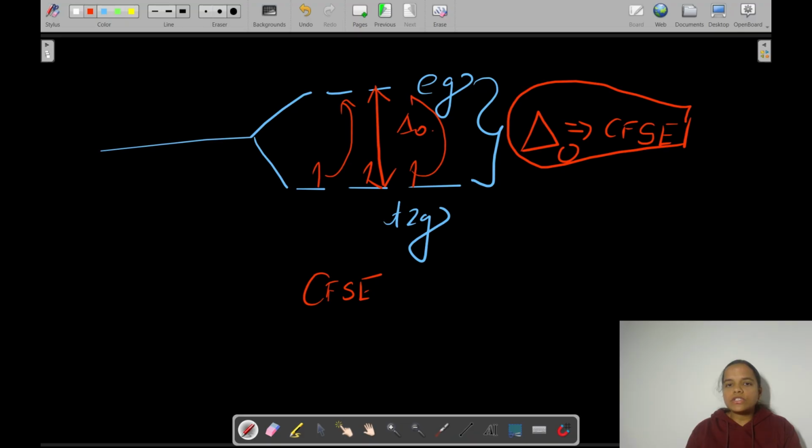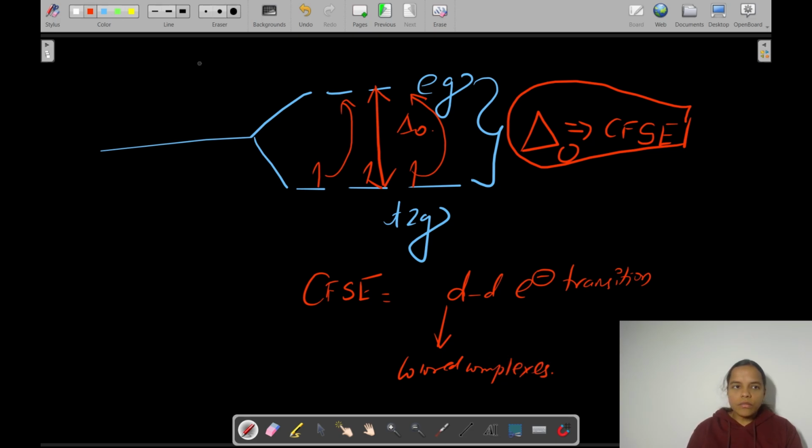When there is an electron here, there is a possibility for the electrons to jump from the lower energy level into the higher energy level, which leads to the d electronic transition and contributes to forming colored complexes.